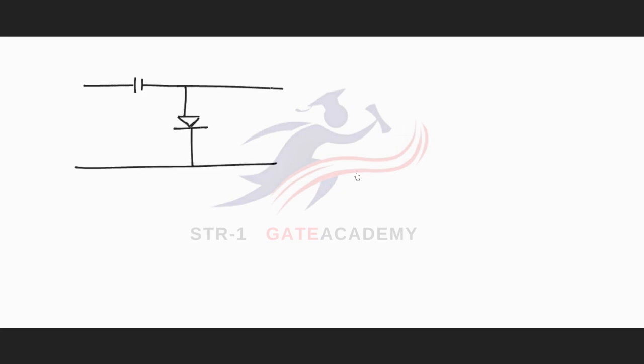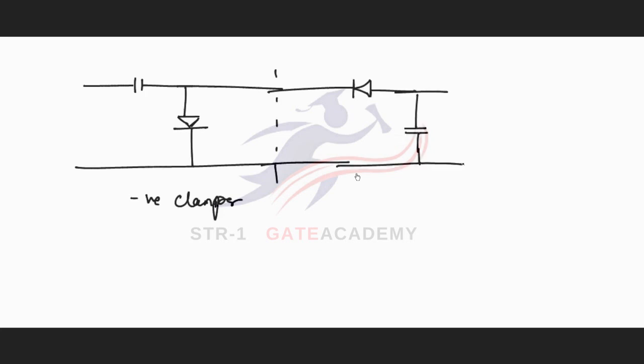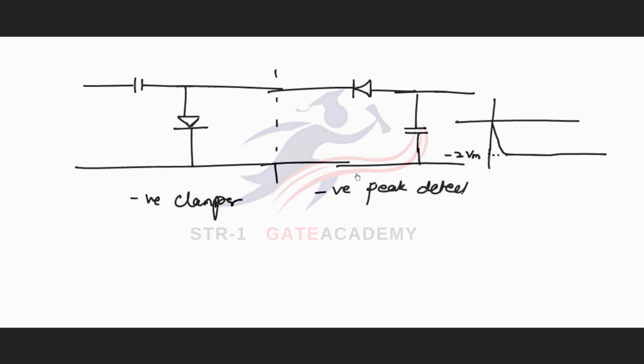This is a negative clamper, and it will be followed by a negative peak detector, and the output will be a voltage equal to minus 2 Vm. So this is a negative clamper and this is a negative peak detector.